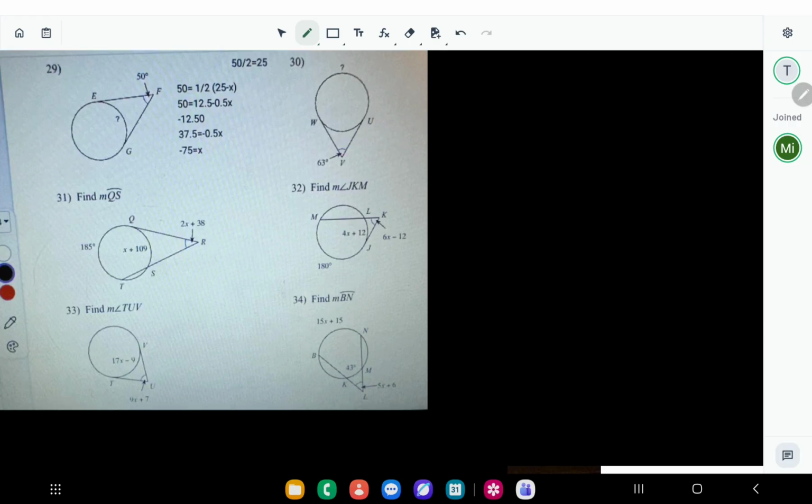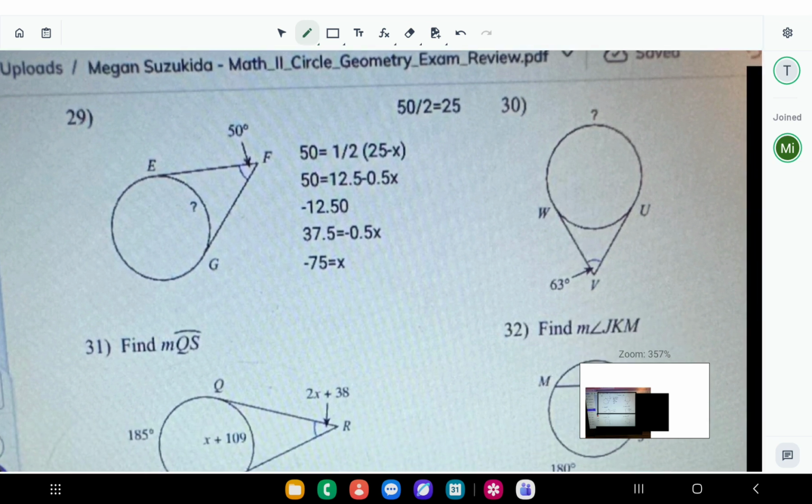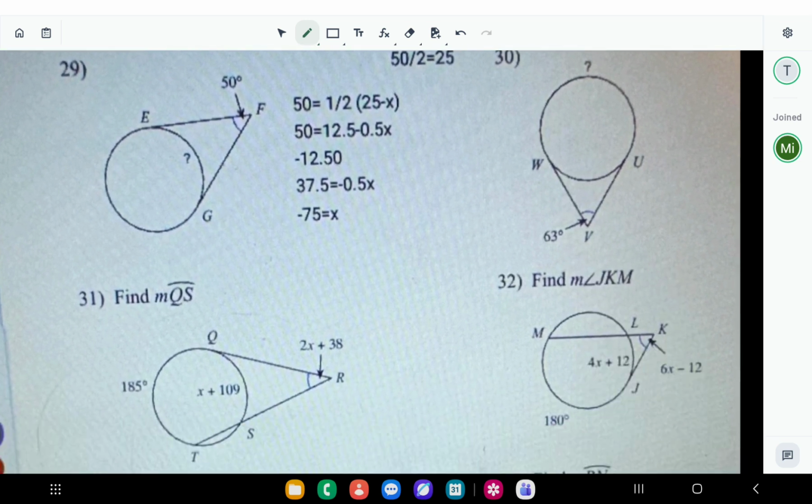Alright, for number 29, we have tangents, not secants. In this case, we have two tangents. So this is the same as two secants.